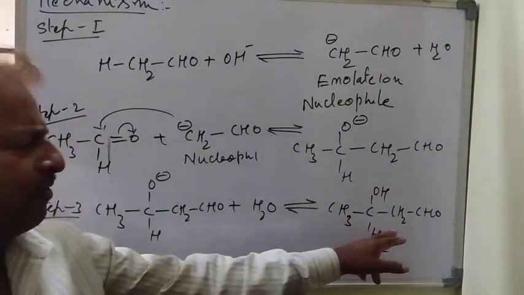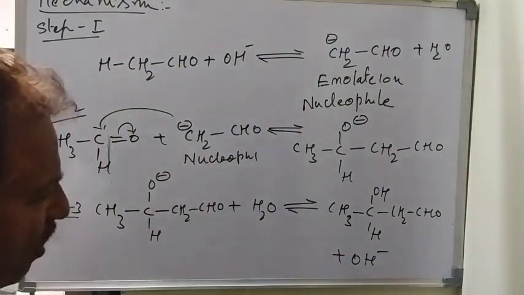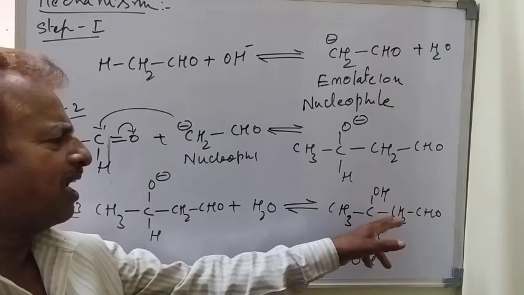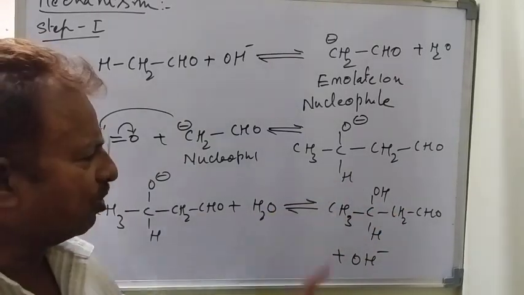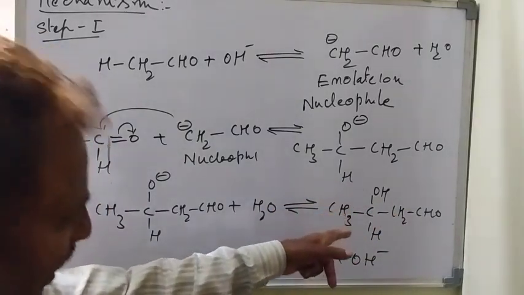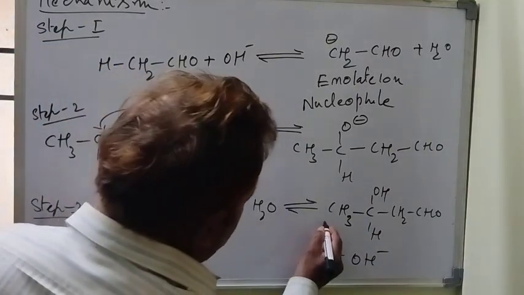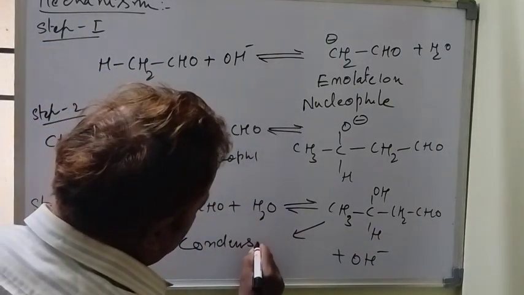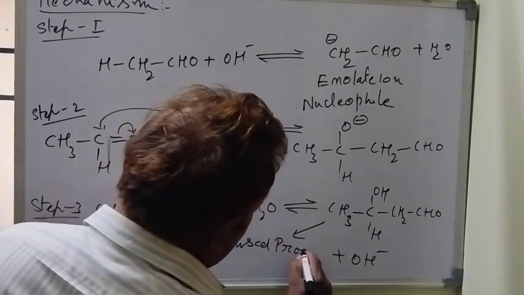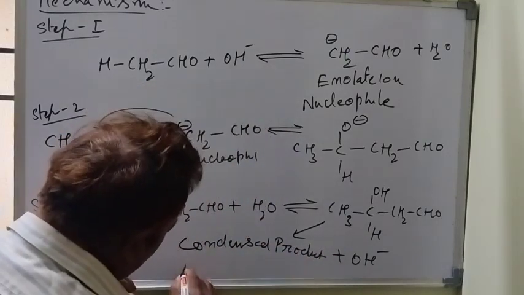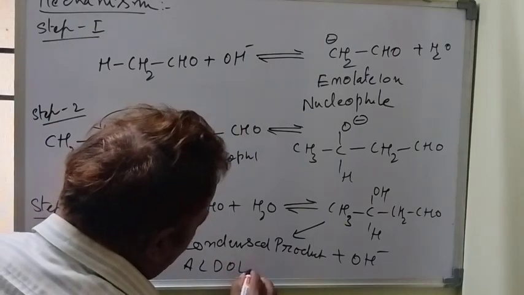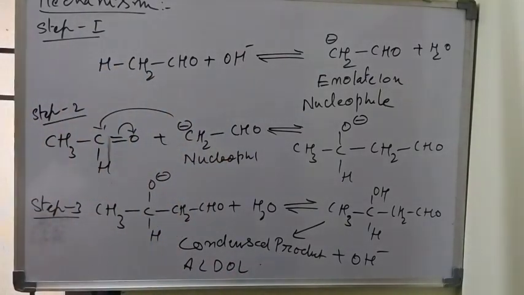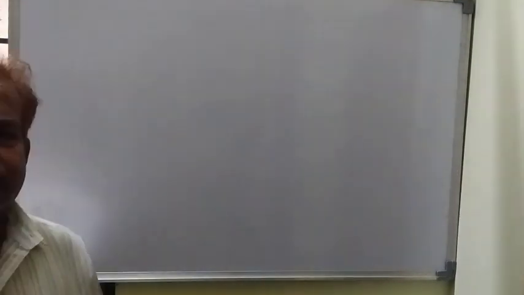So this is the final product. Therefore this is a beta hydroxy aldehyde. This is known as the condensed product, or it is also called aldol. Condensed product or aldol.